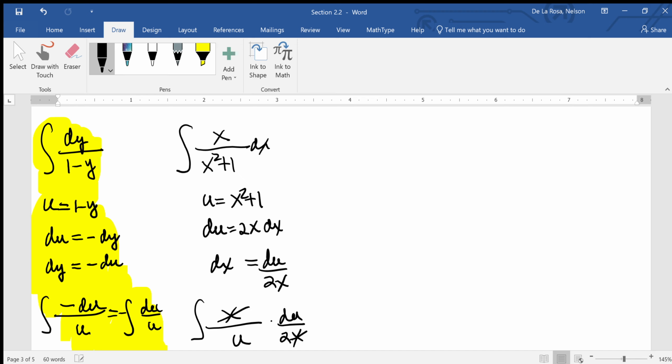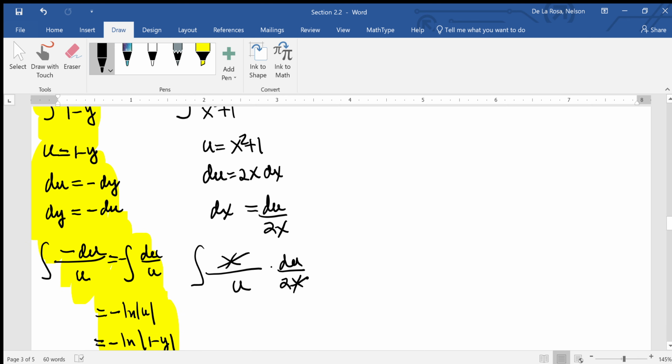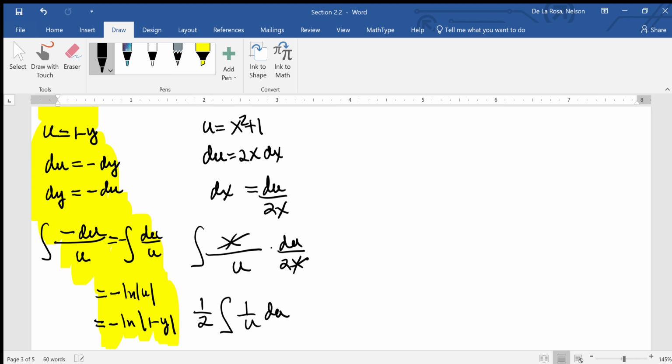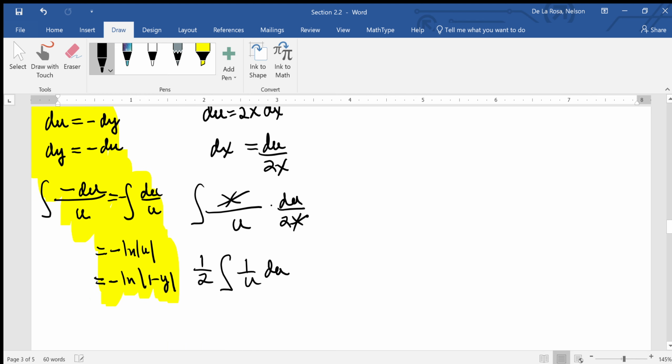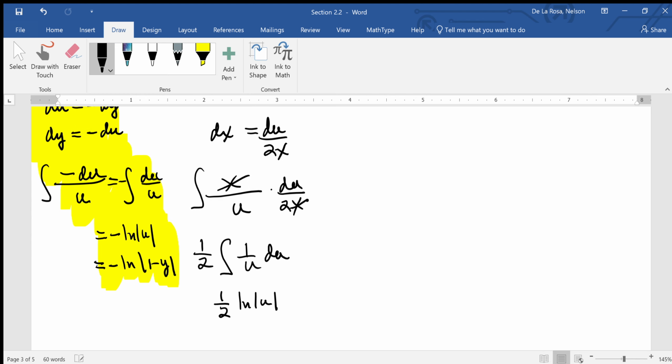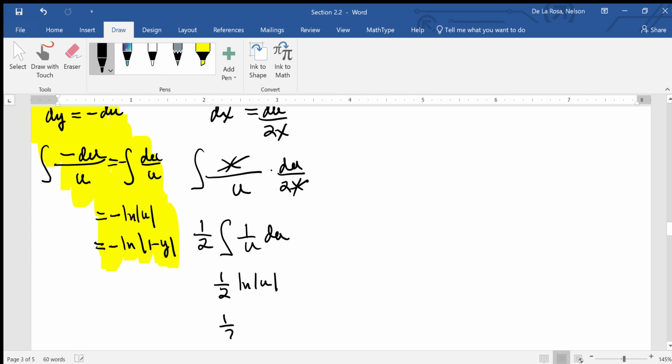The x's cancel. Then we can write it as 1/2 the integral of 1 over u du. And then this integral is the same as the previous one, ln of absolute value of u, but now u is x squared plus 1.